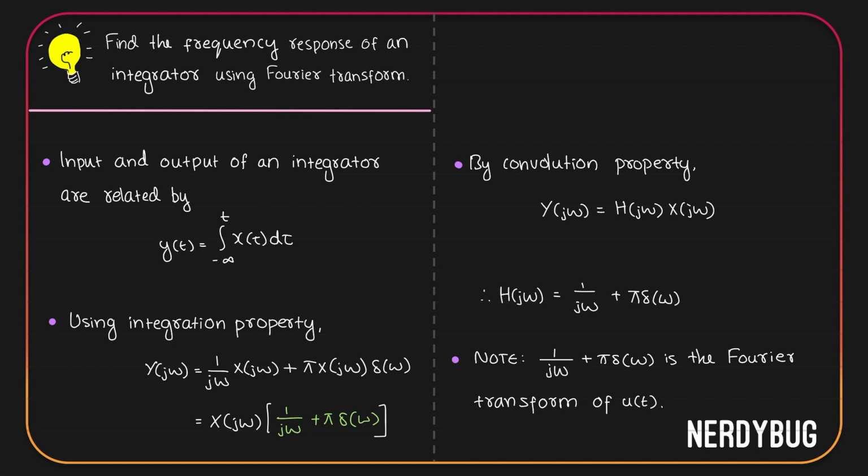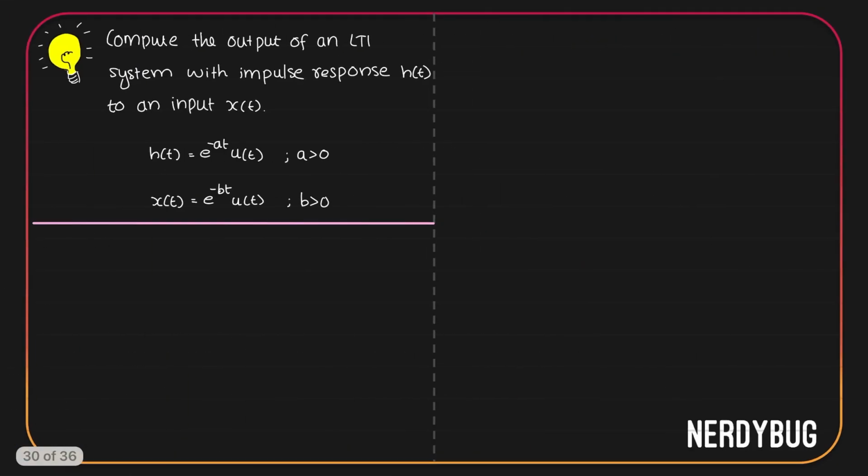We had found out the Fourier transform of u of t earlier and we got 1 by j omega plus pi delta of omega. Here for an integrator, we got its frequency response is 1 by j omega plus pi delta of omega. It means its impulse response has to be u of t. And it is true because we have seen it in our previous videos.